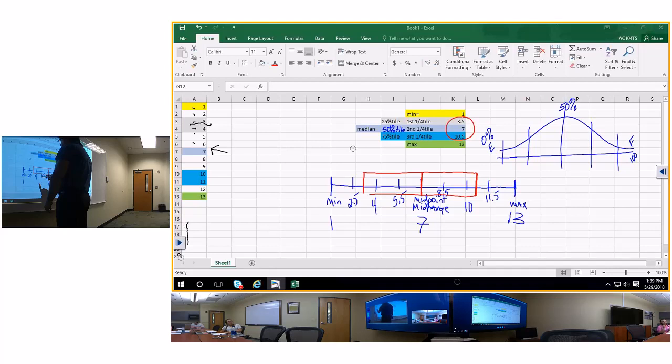How many numbers are below the median? 1, 2, 3, 4, 5, 6. So I average those 2. And that's how I find these 3 numbers right here. And those 3 numbers represent the left side of your box plot, the right side of the box plot, and the middle of the box plot.